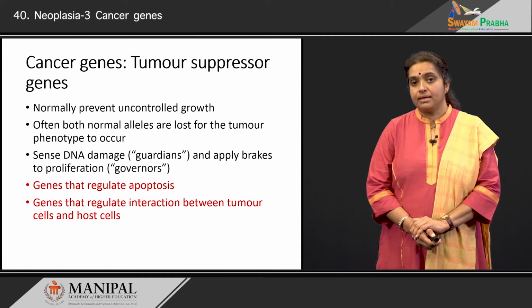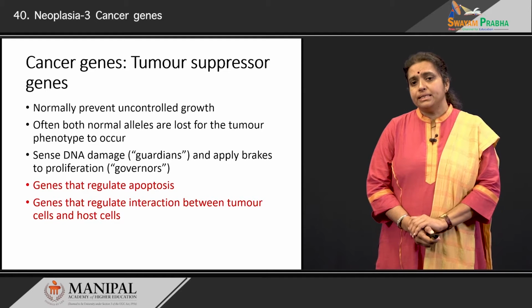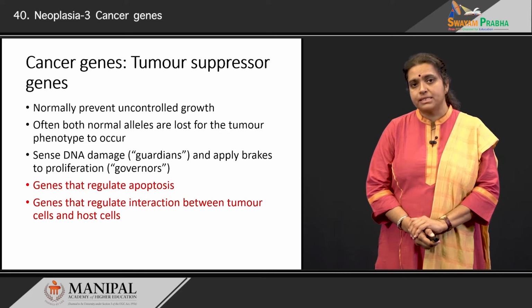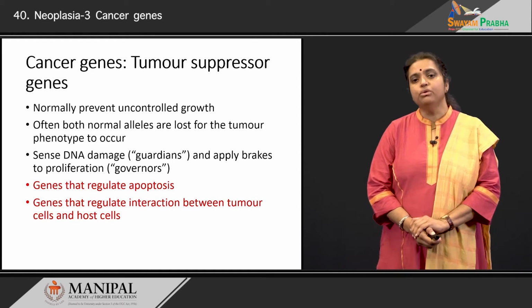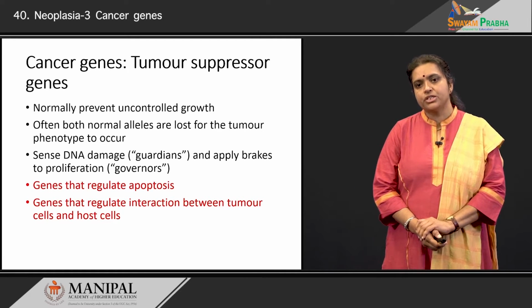So, these act as guardians. They sense the DNA damage and act as guardians, and they apply brakes to further cell proliferation, and therefore, they act as governors. So, they have these two functions as guardians and governors, where they sense DNA damage and apply brakes to cell proliferation.